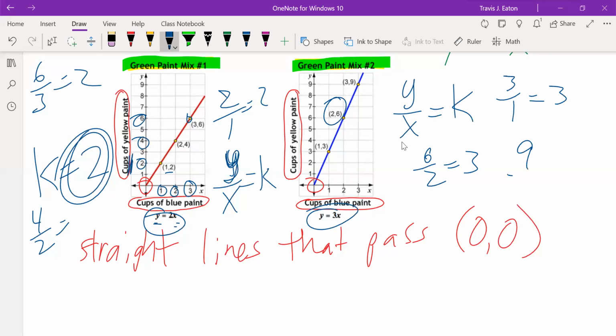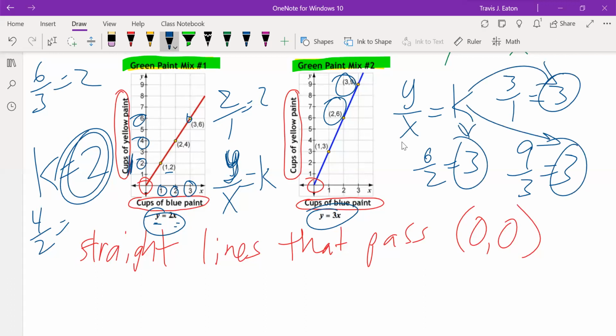And 9 divided by 3, also 3. So our constant is 3. That's why when it is written like this, y equals 3x, that would be y equals kx, and that k is 3.